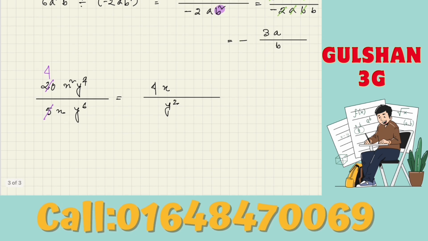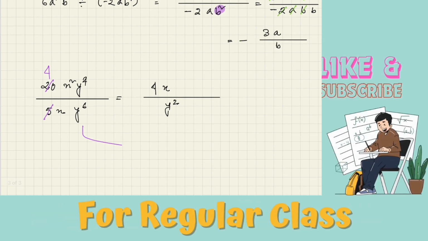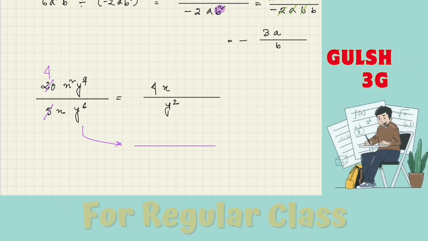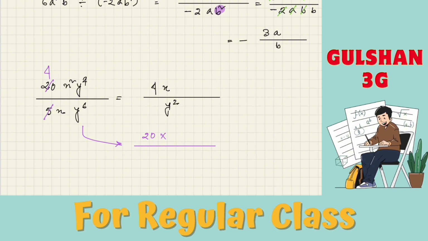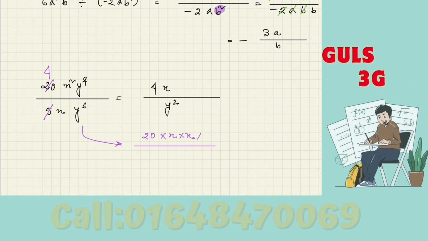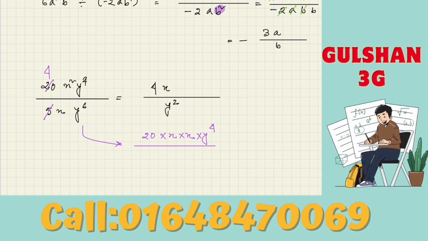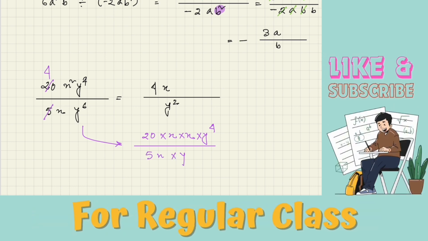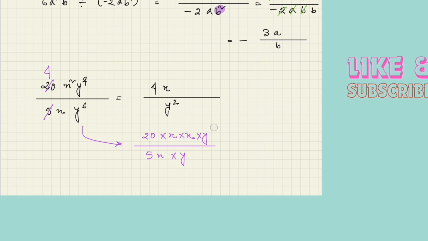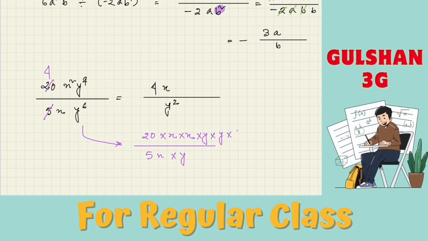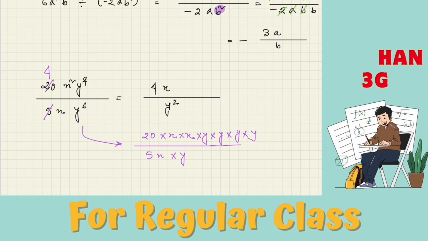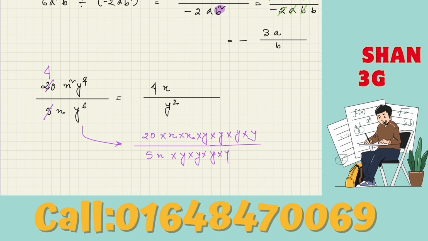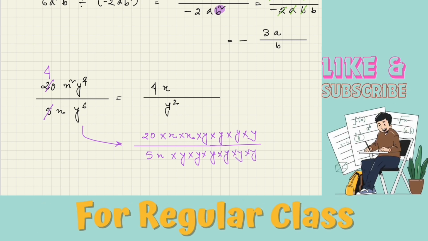So how is it possible? Let's break it down. 20 means 20 multiplied by x multiplied by x multiplied by y to the power 4, and 5x. y to the power 4 means four y's, and y to the power 6 means six y's.